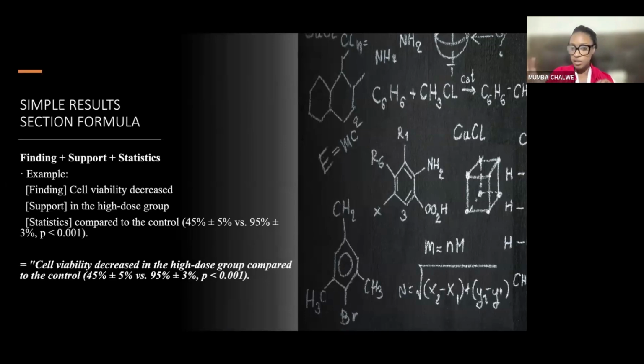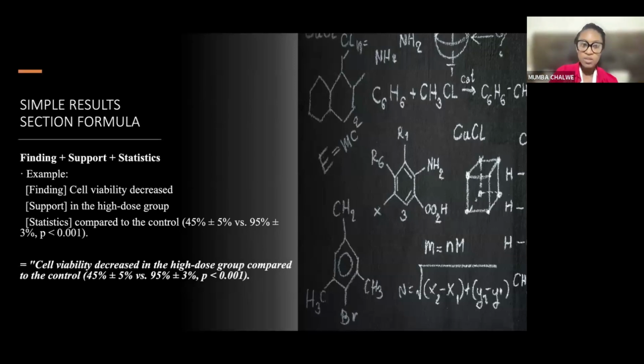Then the support is, where did you see this? Probably in the high dose group, the group that you intervened on or gave a particular drug or intervention, right? And the statistics, it's versus what? Versus the control group, right? And then you show the statistic, 45% versus 95%, right? So cell viability decreased in the high dose group compared to the control group, and you put your statistics there.